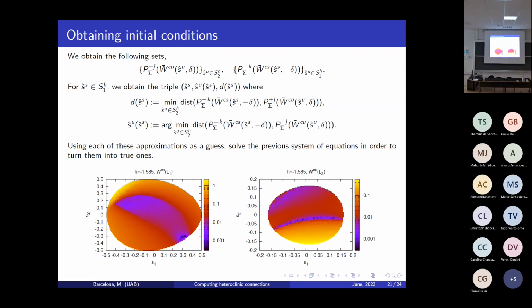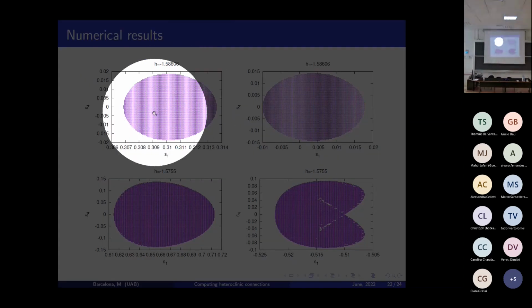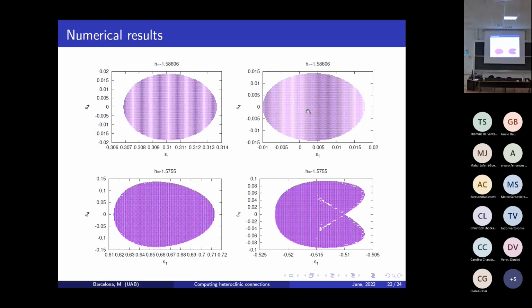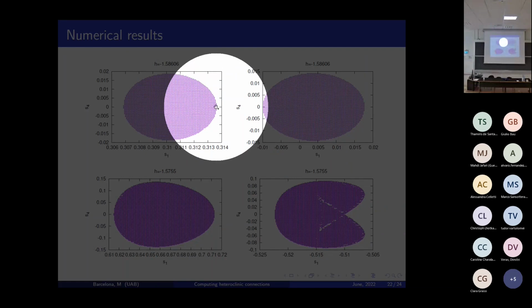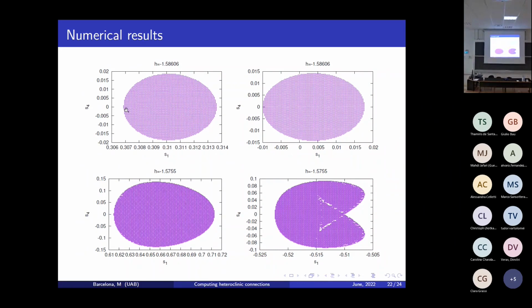So once we solve these systems, just to show some results, these are all the families of heteroclinic connections in terms of the initial conditions in the parameter space for the manifold associated to L1 and the manifold associated to L2. And we have over here the heteroclinic connections between planar Lyapunov orbits for different levels of energy.